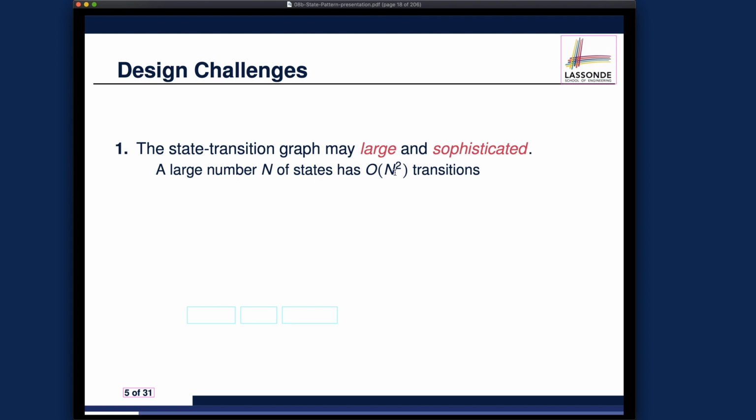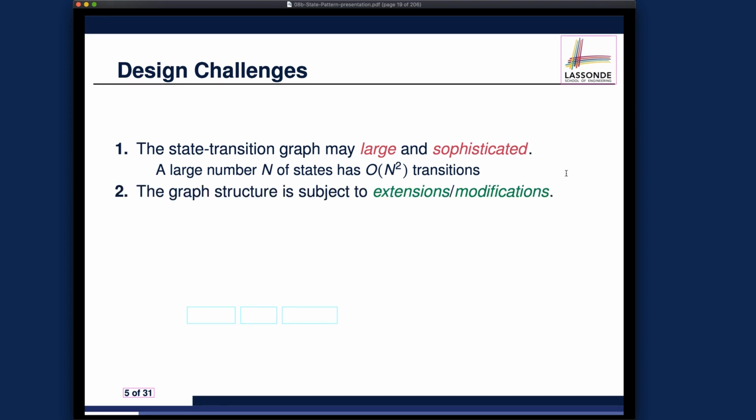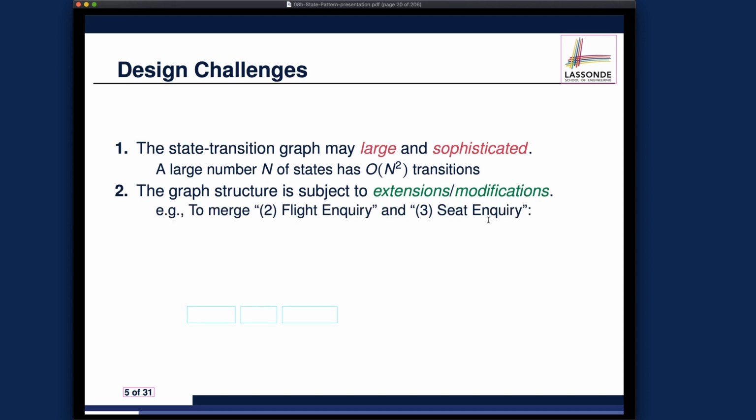Let me just give you a little bit more idea about what kind of concerns you want to be able to address in your ultimate solution. So the graph structure is also subject to extensions and modification. For example, you may want to add new states, or maybe you want to collapse several states into one single state for whatever requirements change might occur on the client side. Let me give you 2 examples.